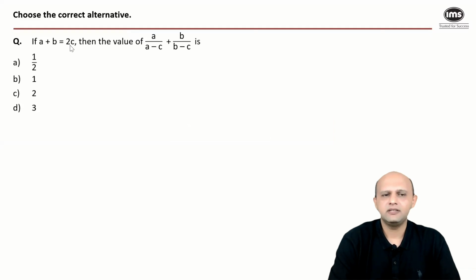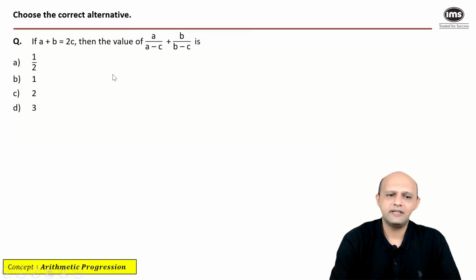If A plus B is equal to 2C, then find the value of this expression. The moment you read A plus B equal to 2C, friends, it should be very clear to you that what they're trying to talk about is 3 numbers which are in an arithmetic progression. After you know that it's a question on arithmetic progression, if B, C, A are in arithmetic progression, then we know that these differences are constant.